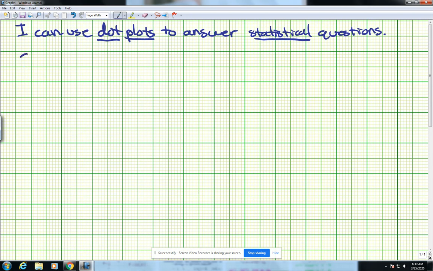Let's start with the word statistics. To summarize that sentence, we can say collecting and analyzing data. So that's what statistics are.